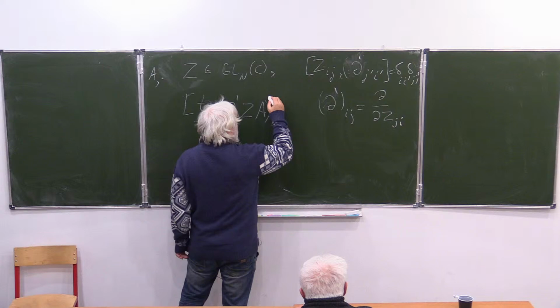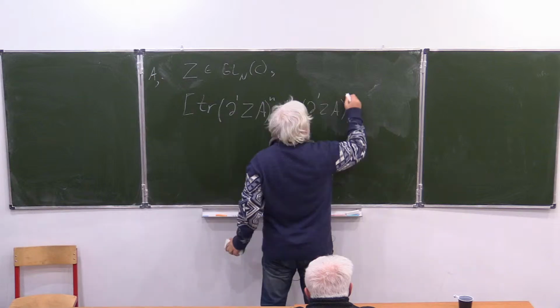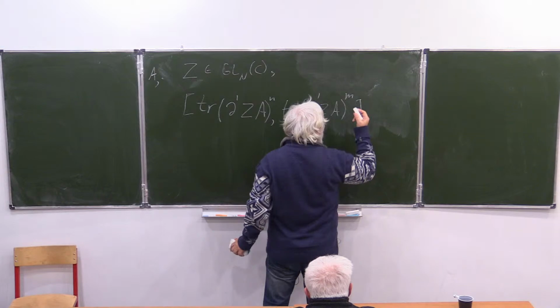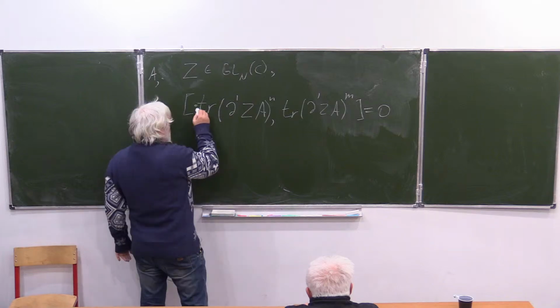So we remember this, and the trace of D prime Z A to the power of m commutator is equal to zero. I should say that A is generic. There's no constraint on A. So here we just apply this matrix operator to A, but with some correction.